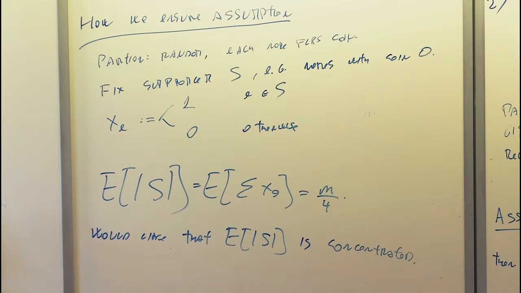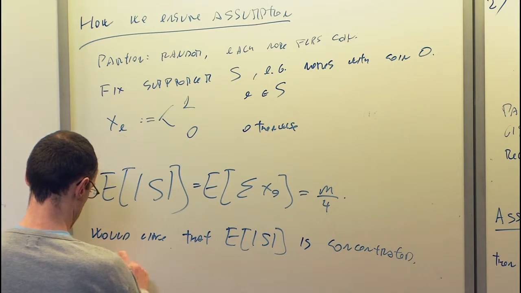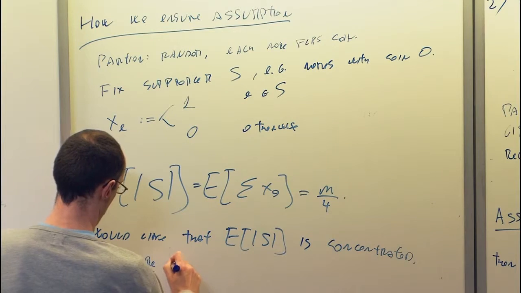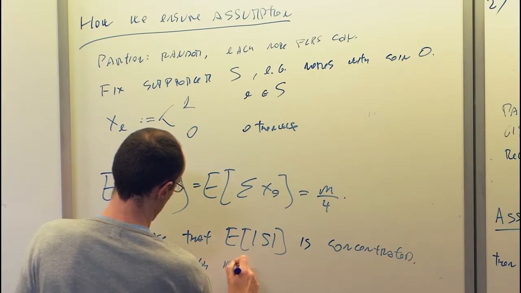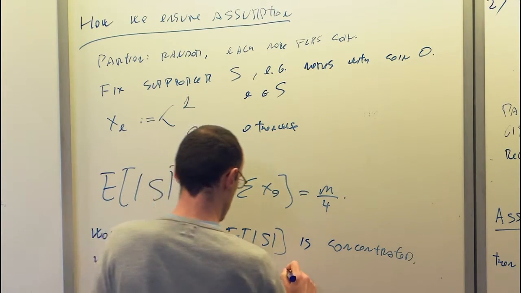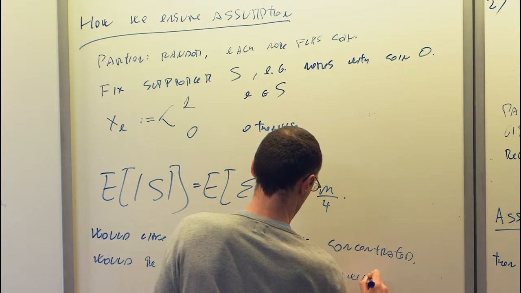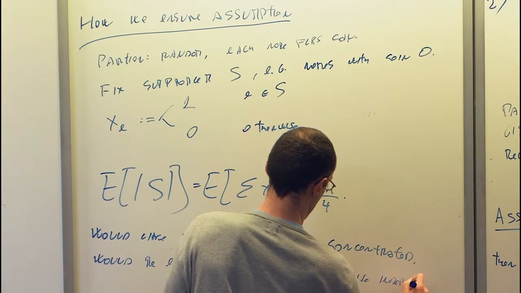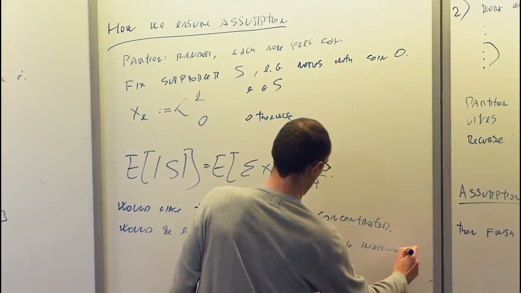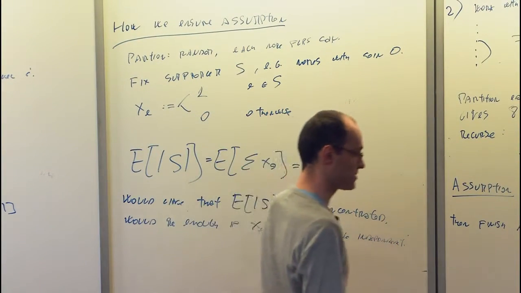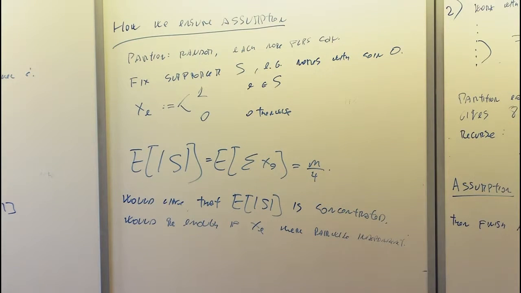To have this, in turn, it would be enough if the variables x sub e were, say, pairwise independent. Because then I can use a Chebyshev inequality and argue concentration.